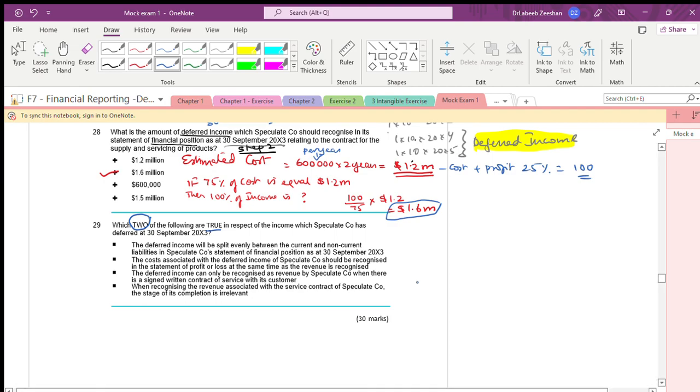We are splitting it into current liabilities and non-current liabilities. This is one of the rules of deferred income. We have to split what is in the next 12 months and what is after 12 months. Fine.